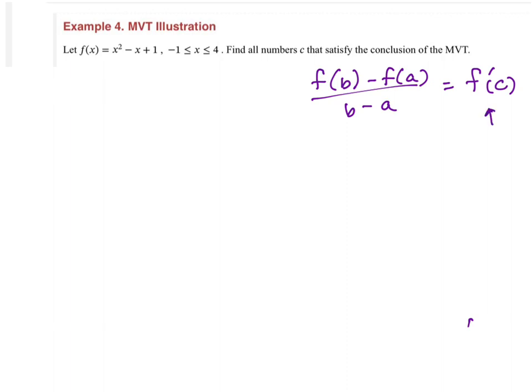So this one over here would be instantaneous, and this one right here would be your average rate of change. And we're going to find all of the numbers c that would satisfy this conclusion.